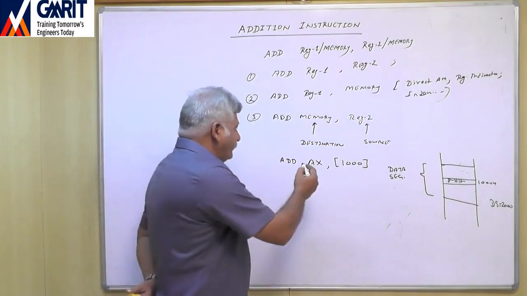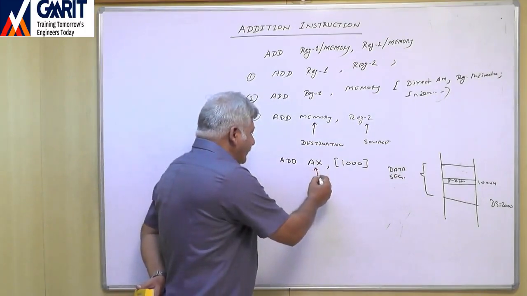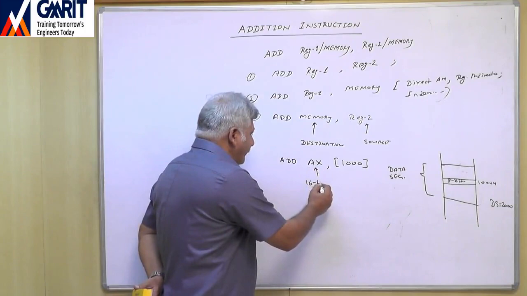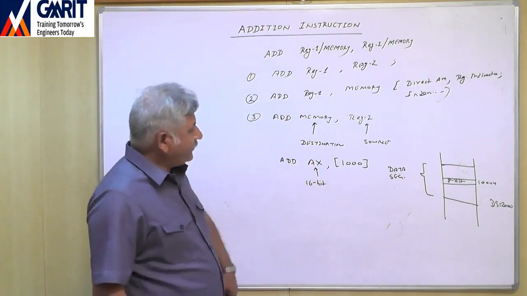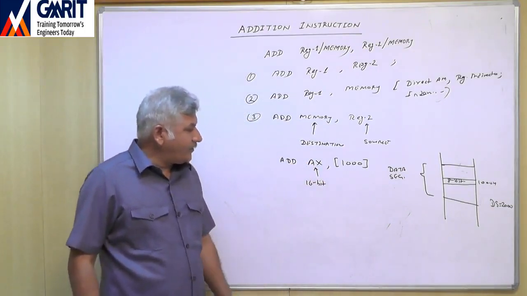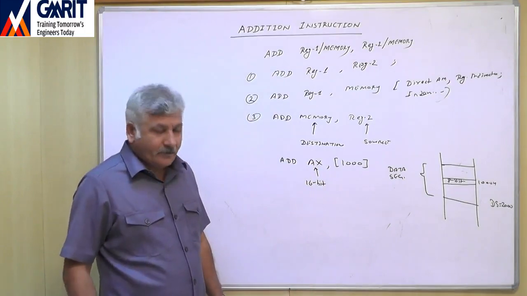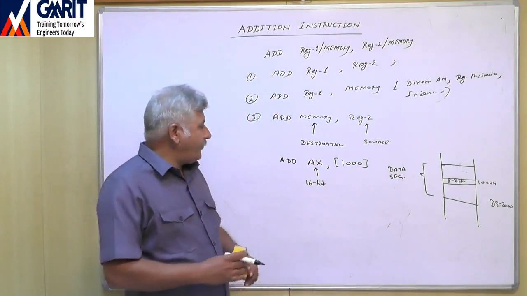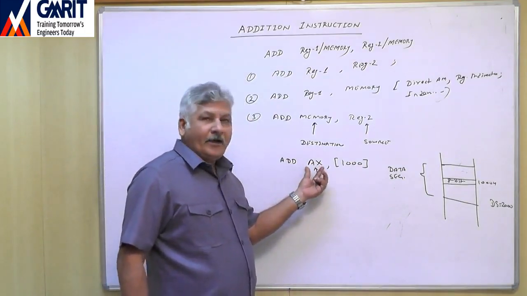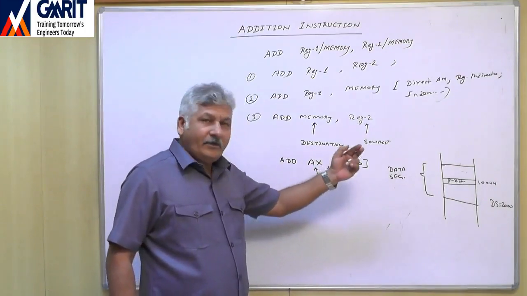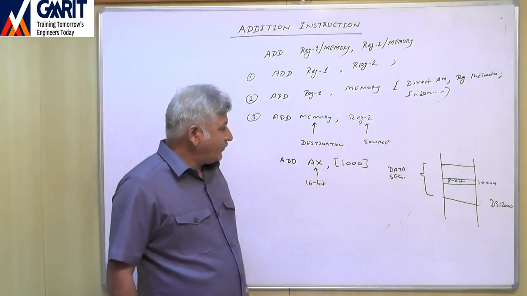Now here, since our destination is 16-bit, this indicates that there is an addition of a 16-bit number, right? So one 16-bit number is in AX and the second 16-bit number is in memory, right?